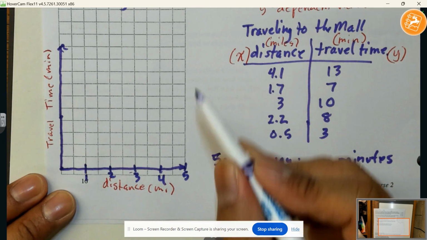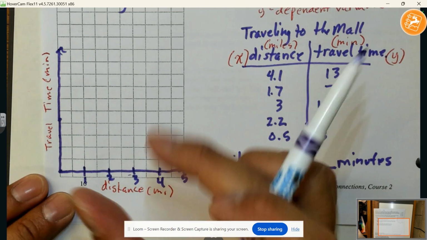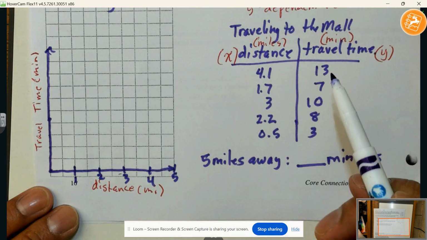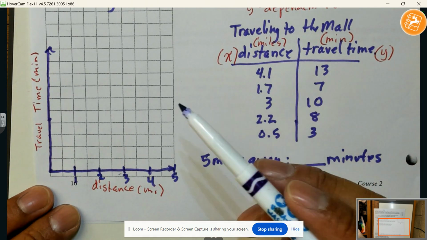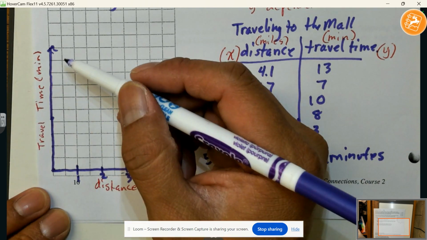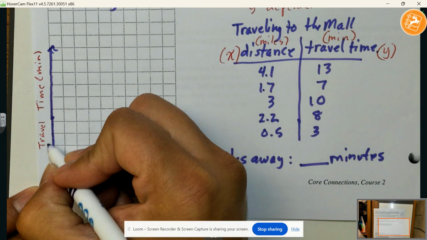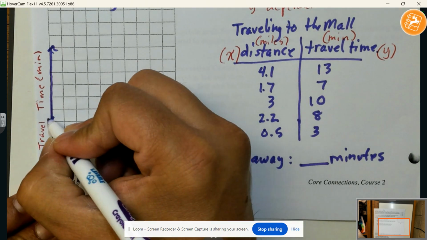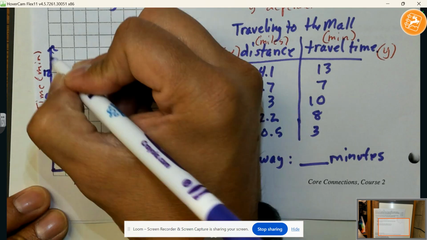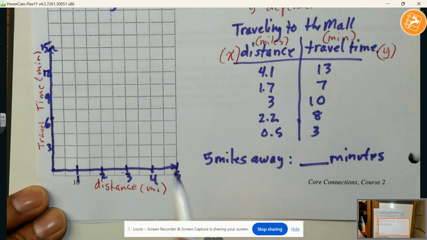Now we can find 5 miles, and it'll be a nice spread out graph. Our travel times go up to 13, so maybe we want 15 to be up here. Maybe we could go by 1.5. So 3, 6, 9, 12, 15.